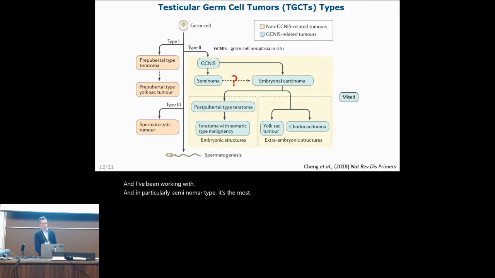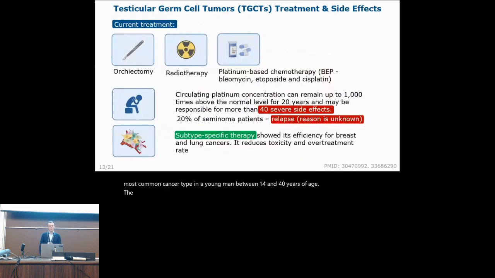It's the most common type of testicular germ cell tumor, and testicular germ cell tumor is the most common cancer type in young men between 14 and 40 years of age. The current treatment of testicular germ cell tumor includes orchiectomy or surgical removal, radiotherapy, and platinum-based chemotherapy.